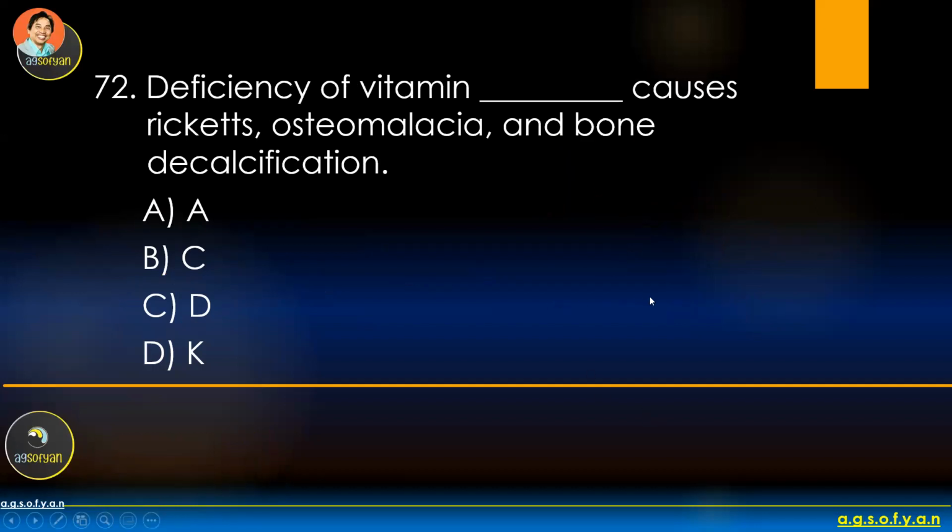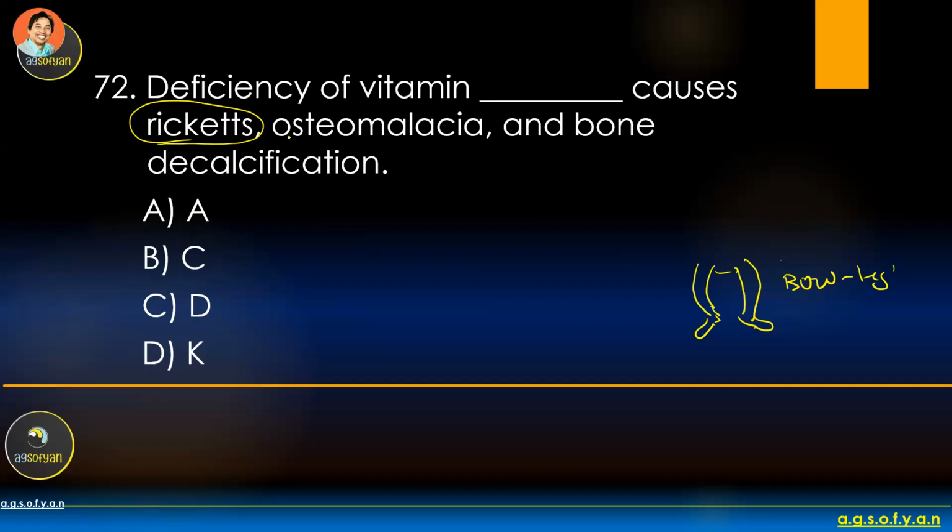Deficiency of vitamin blank causes rickets, osteomalacia, and bone decalcification. Which one is that? Rickets means the bone is actually not strong enough. Children that have rickets will have leg bones like an O, like a bow. So this is called bow leg. The bone is not that strong.